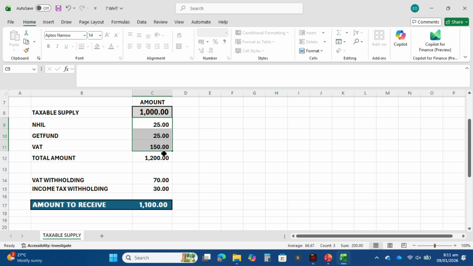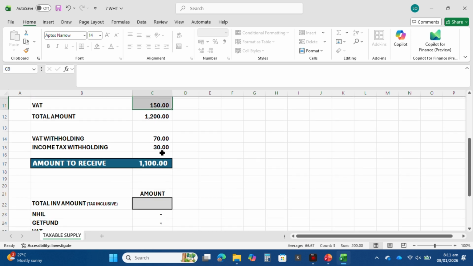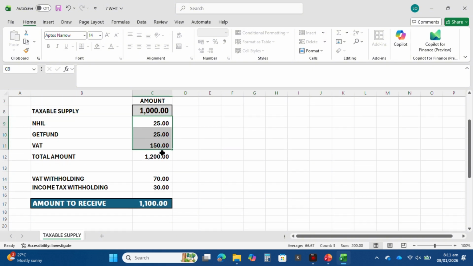If Stanbic has issued the VAT withholding certificate to you, hope you understand, the VAT credit certificate to you, you can use this. You can use it to reduce the 200 cedis. Instead of paying 200 cedis, you pay what? 130 cedis.